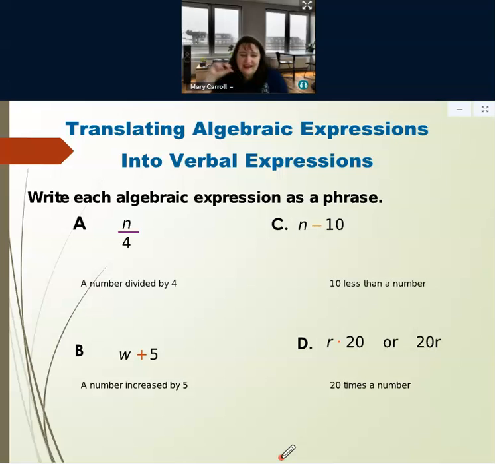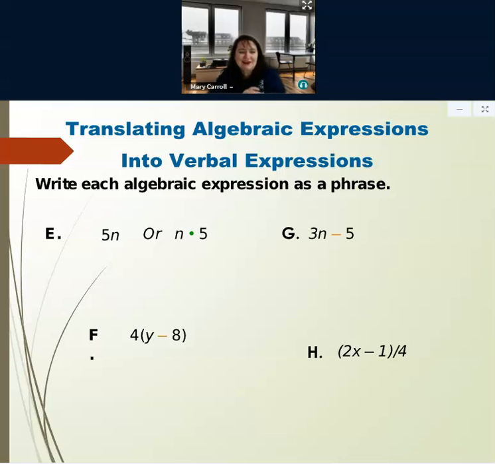And then D, I have R times 20 or 20 times R. So I have 20 times a number multiplied by 20. I could have had a number times 20, that also works, because you can have either order for times. But the coefficient, the number, always goes in front of the variable.